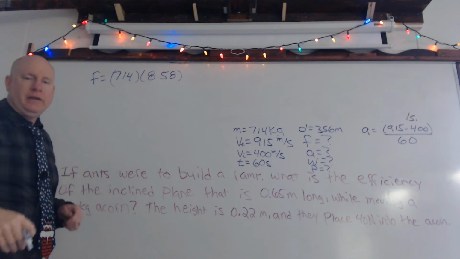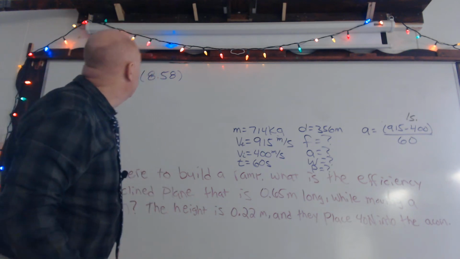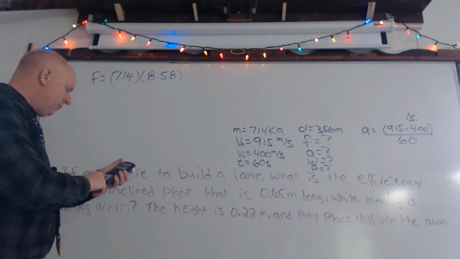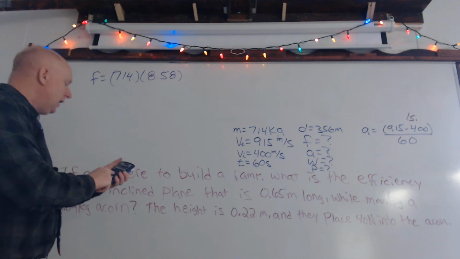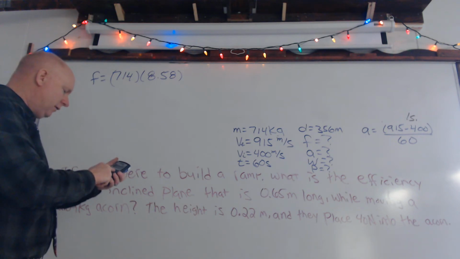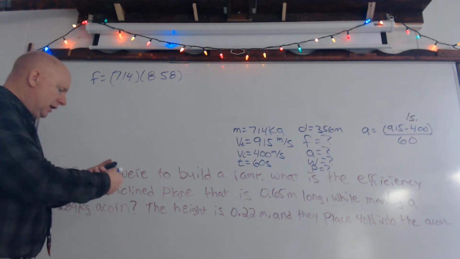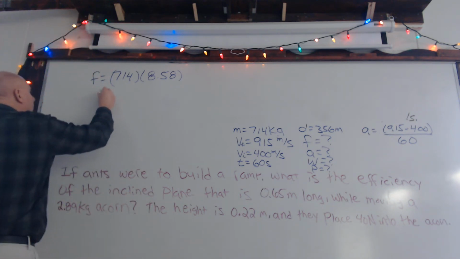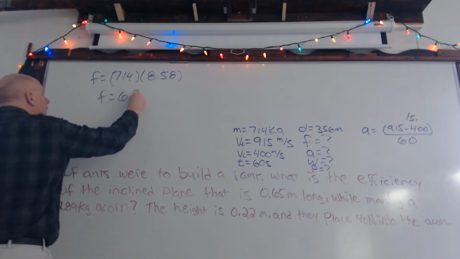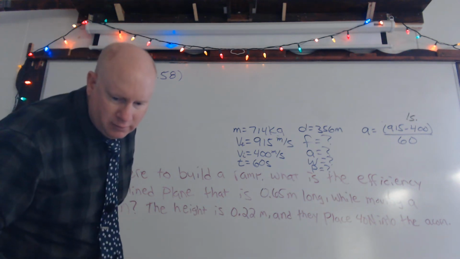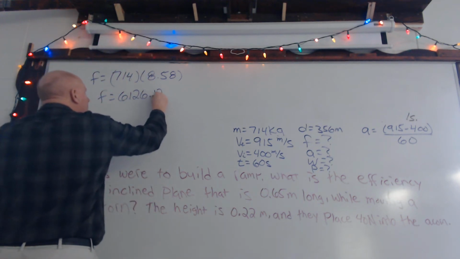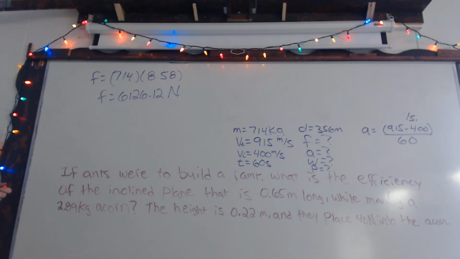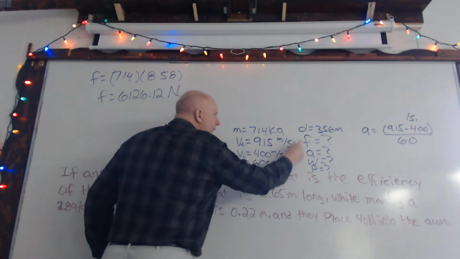Of course, that will give us a variable in newtons. So upon doing that mathematical operation, 714 times 8.58 gives us 6126.12 newtons. Since it's a force, it's going to be measured in newtons. Okay, so we can cross these two off now.